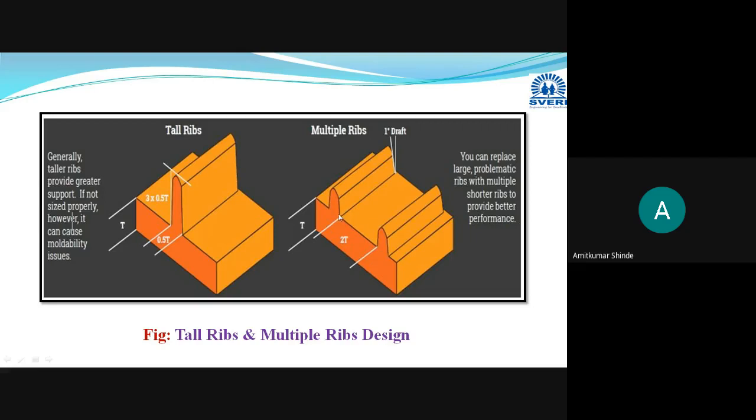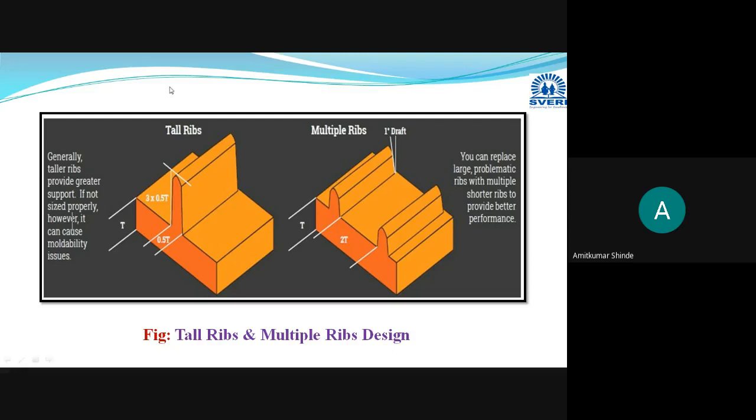Instead of sharp corners, a fillet or radius is provided here to eliminate the stresses. Whenever sharp corners are there, stress will increase. To eliminate that, we have to provide the radius or fillets.